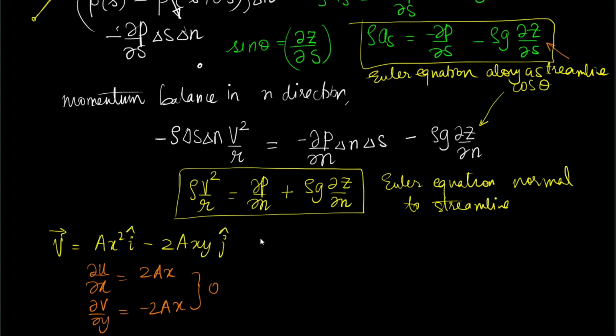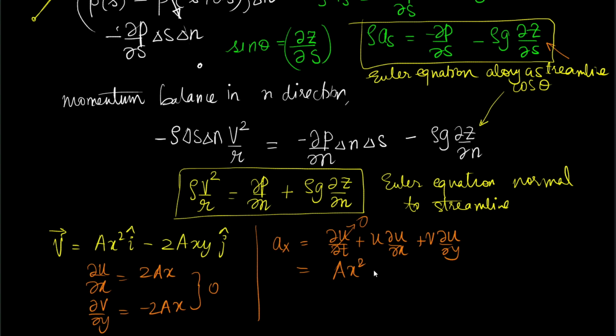Now let us find out the acceleration components. So acceleration in the x direction is del u del t plus u del u del x plus v del u del y. The first term is 0. So u is ax square, del u del x is 2ax, v is minus 2axy, and del u del y is equal to 0.